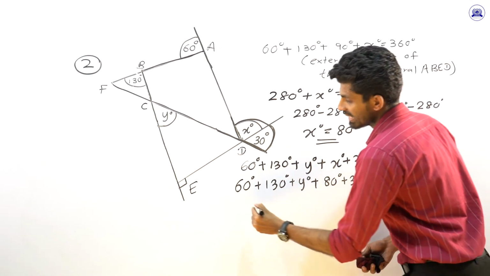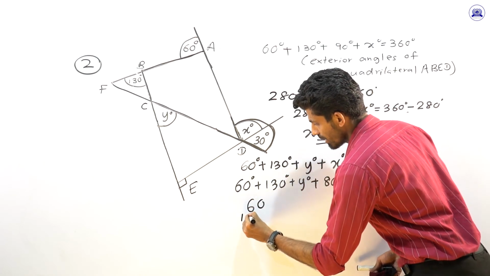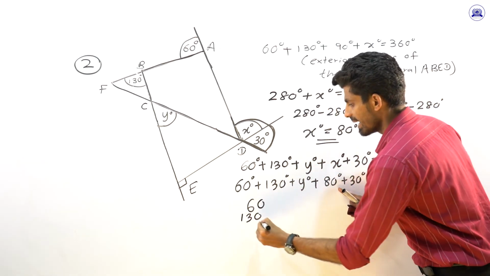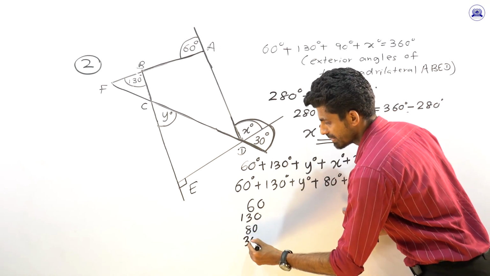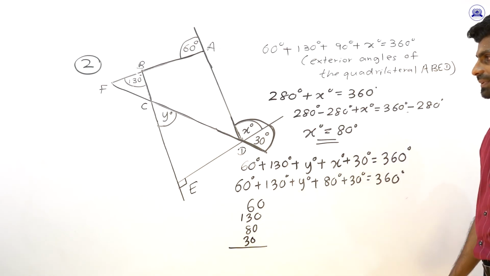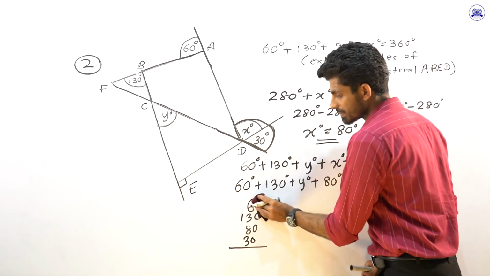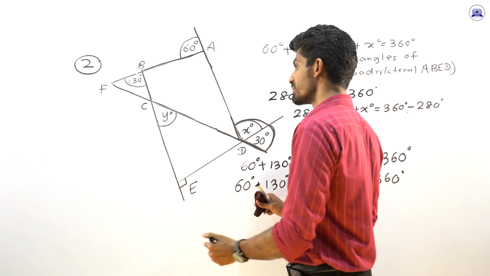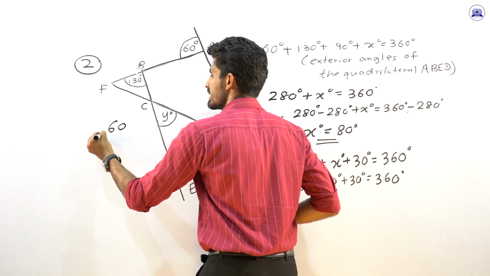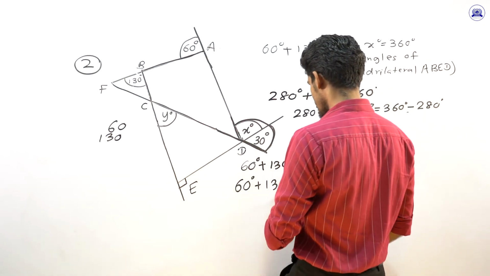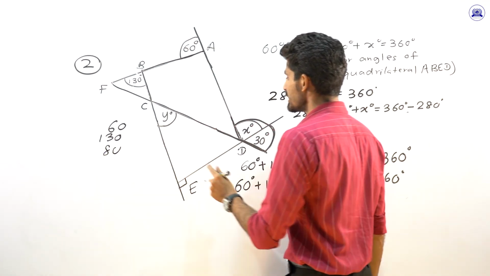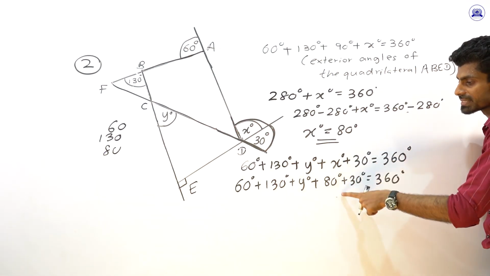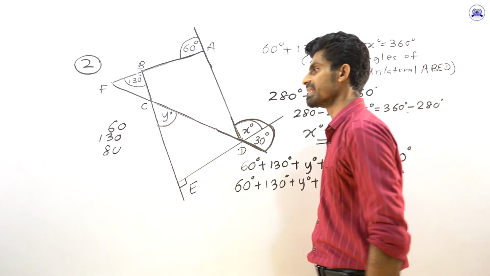Let's see: 60, 130, 80, and 30. I'm going to double check whether my answer is correct or not. 60, 130, and 80, where 80 is our x value, plus 30.